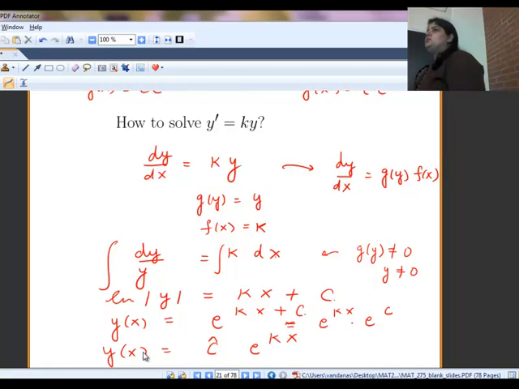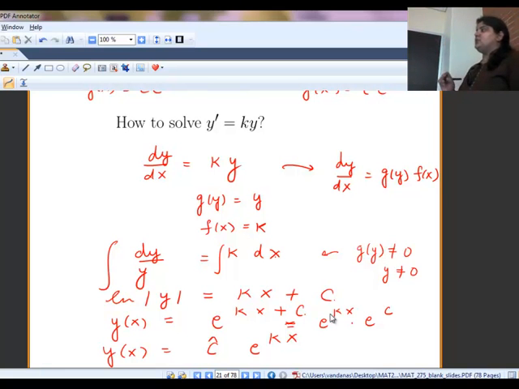Are you getting what I'm asking? Okay, you know what? Don't worry about it. If you're not able to think about that particular question, just first of all focus that this is a general family of solutions, and we assume y to be non-zero.